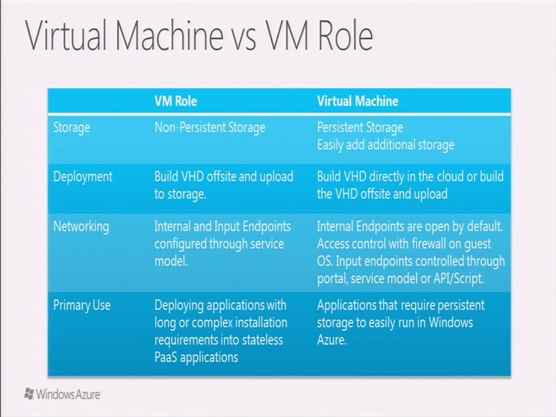So the concept of a storage device or a VHD that you can attach to your VM, that exists. And that VHD file that you attach is something that will persist through reboots, through failures, or whatnot, because it is a persistent disk versus a non-persistent disk like the VM role environment is.